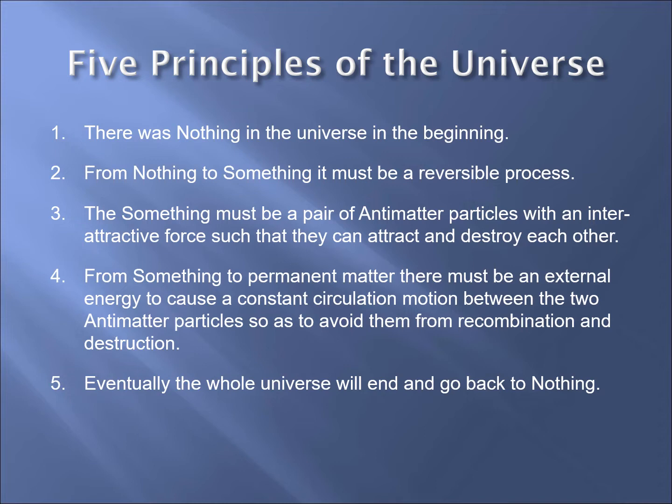To prevent the two antiparticles from destroying each other, an external force must be applied to create a centrifugal force to balance the attractive force such that a circulation motion between the two antiparticles can be generated, and a permanent Woods pair can thus be formed.